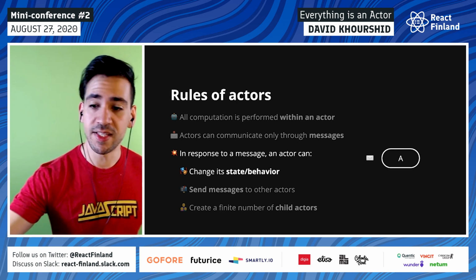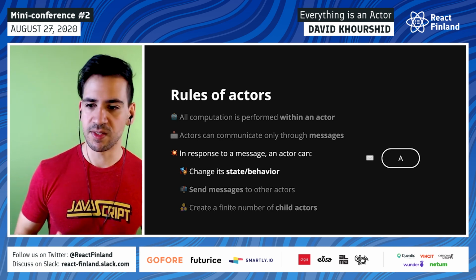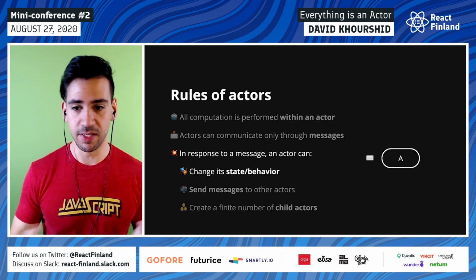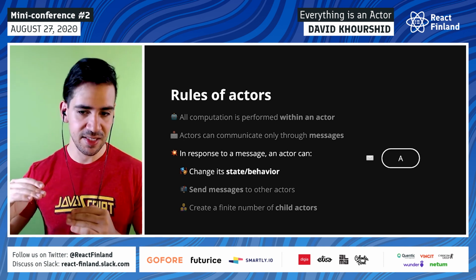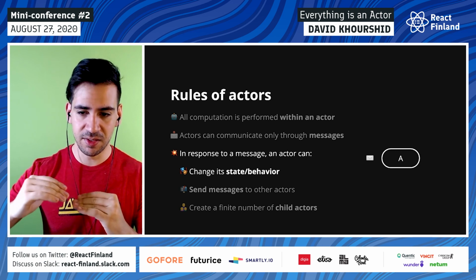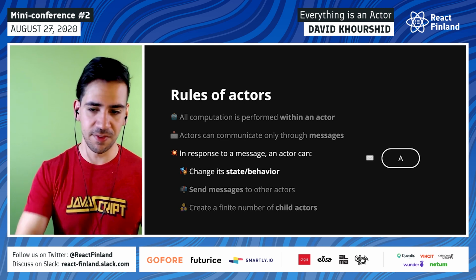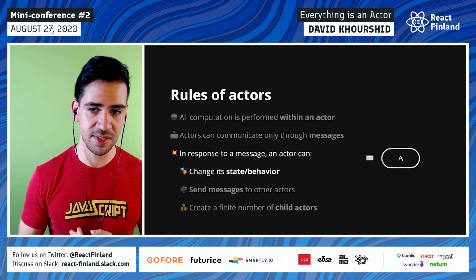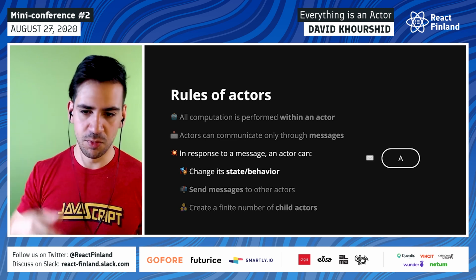For example, if you send an increment message to some sort of counter actor, it can change its internal state to its current count plus 1. It can also determine that the counter has reached its max, which you could consider its behavior, and given that, it could change its behavior so that nothing happens if another increment message comes. So that's what we mean by behavior, and we'll go about that a little bit more later.